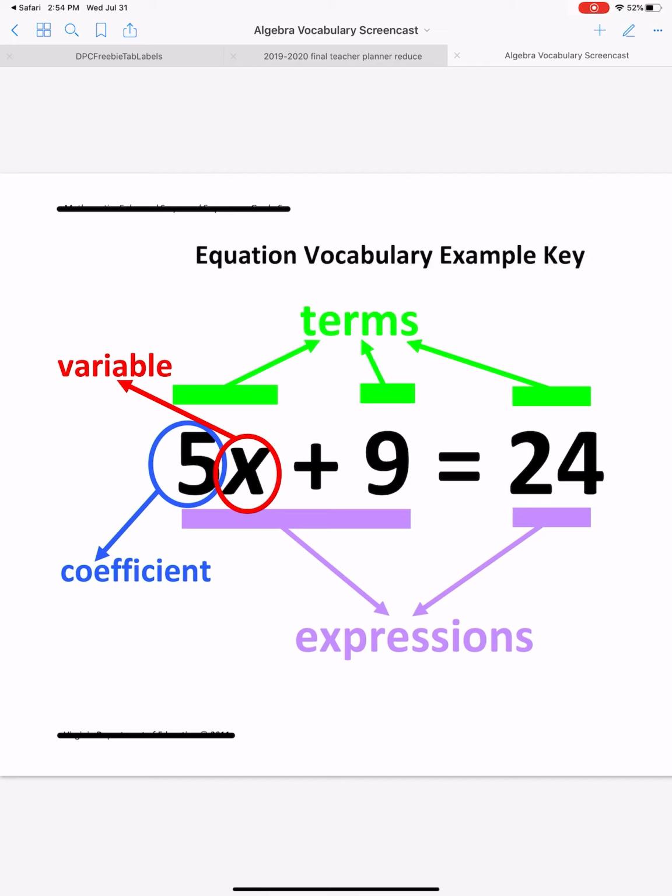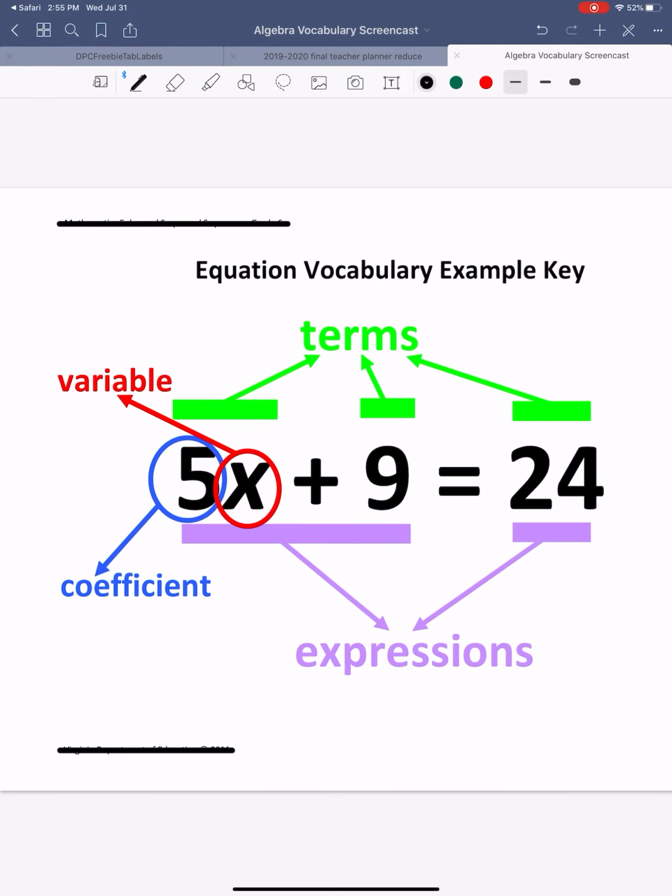On the left side of the equal sign, we have 5x plus 9. That is one expression by itself because it's a mixture of more than one term. And on the right side of the equal sign, we have 24, which is another expression. It represents a term, a number. And within this entire equation, you have three terms: 5x, 9, and 24.